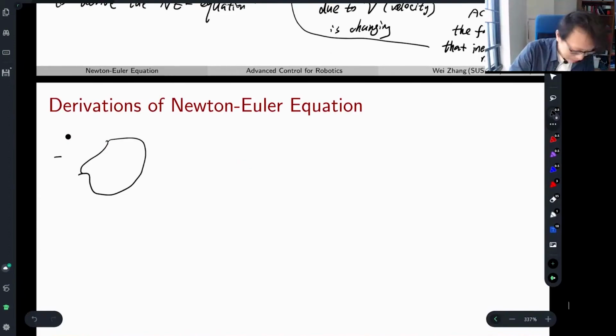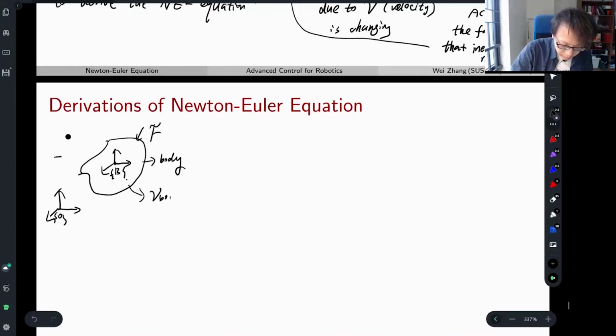This is our body. Let's say a B frame is attached to the body. This is the external force. This is our inertial frame, which doesn't change. The body has a motion, which is V of the body.